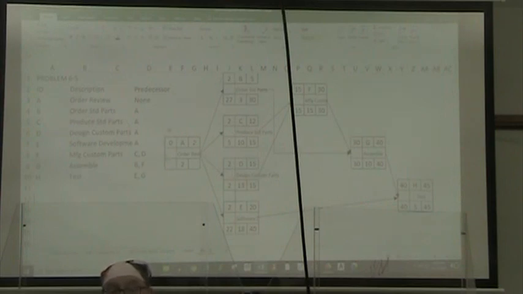Now, because A is a burst activity, our late finish time is going to be equal to the minimum value of the late start times of all the subsequent activities.